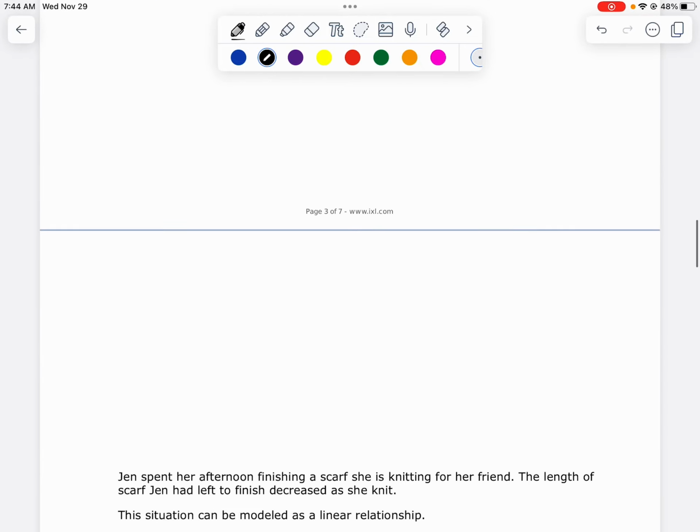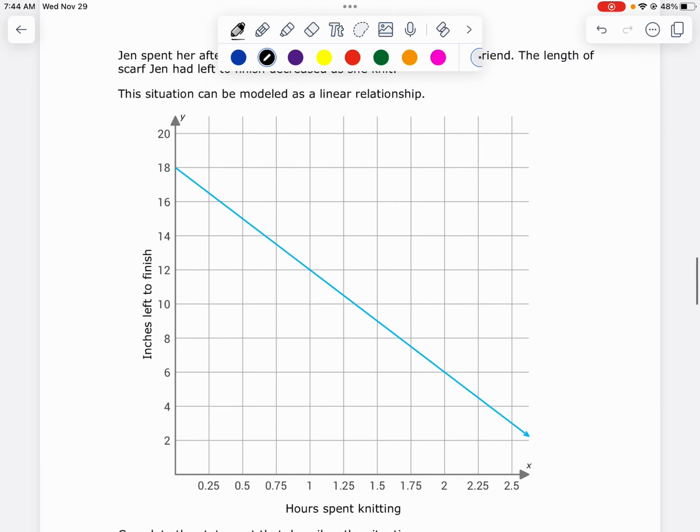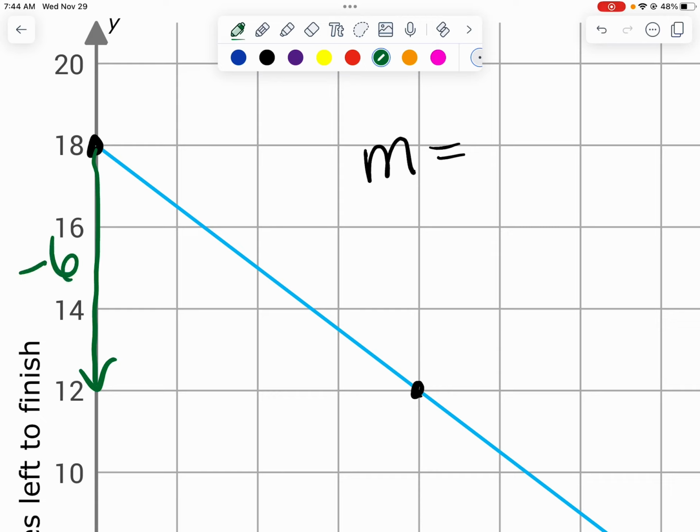Number 5. Okay, so it wants, oh, we're plugging in stuff. So I need a slope first. So I start at 18 and I'm coming down here. I went down from 18 to 12, so that's negative 6.